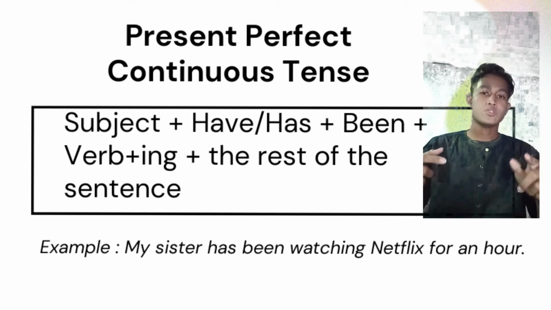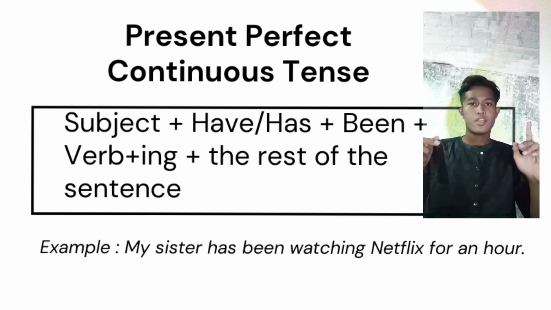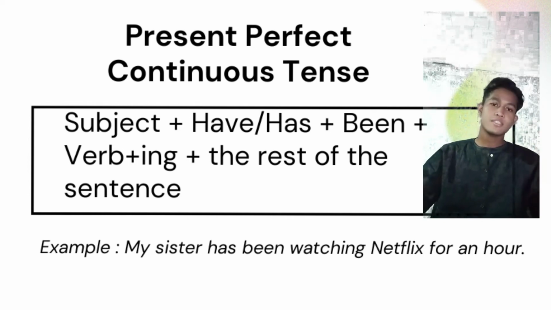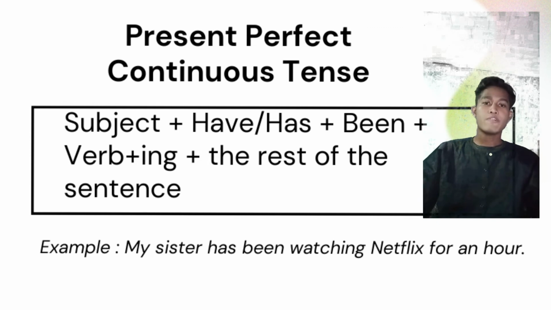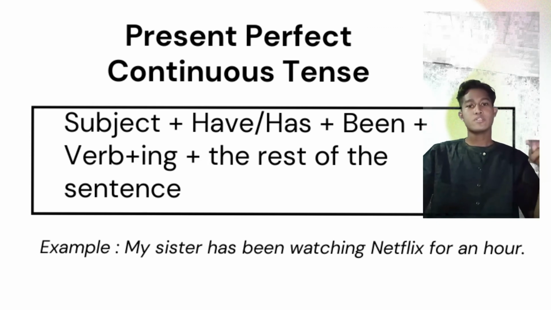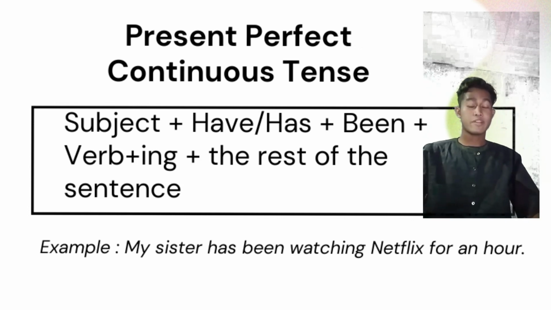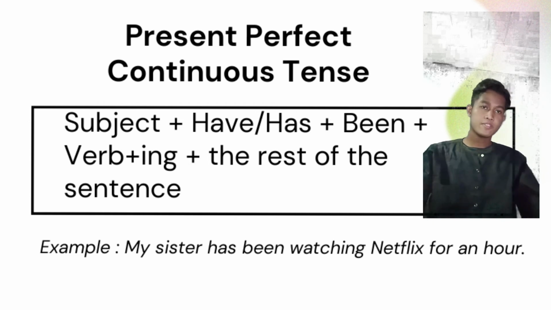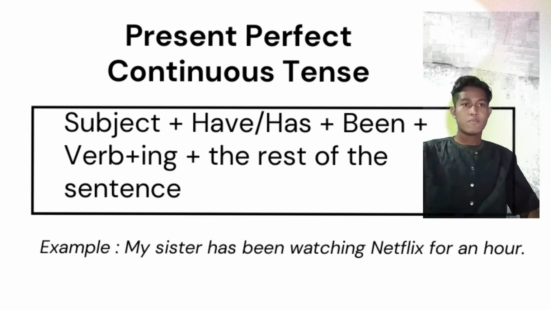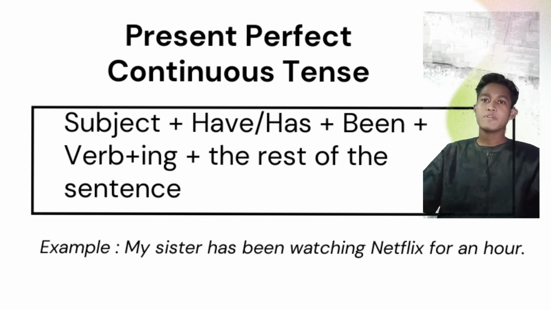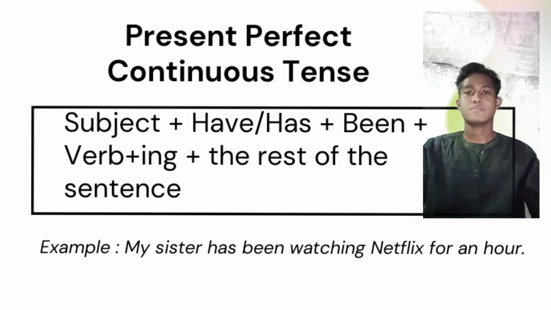Actions in this tense usually last a certain time and have relevance to the current condition. Reporting from Grammarly, the present perfect continuous has another name: the present perfect progressive tense.